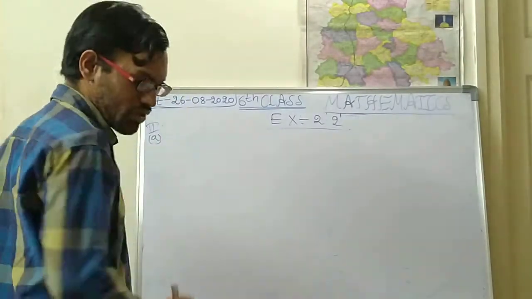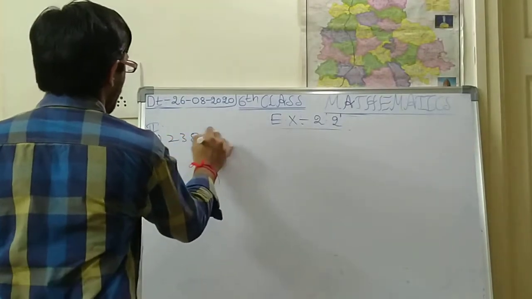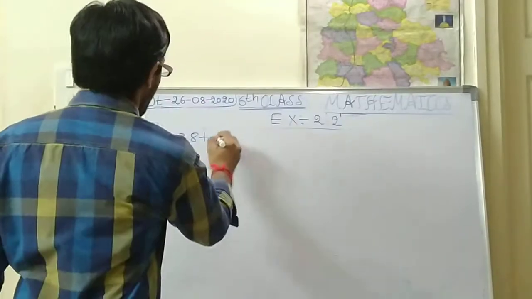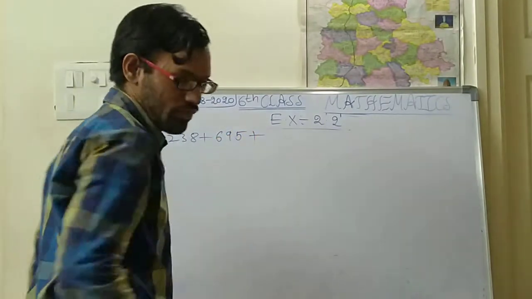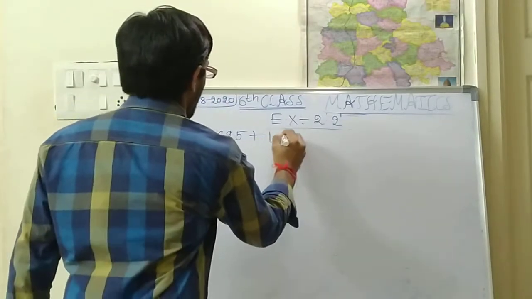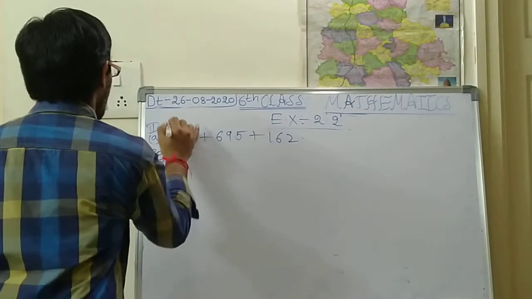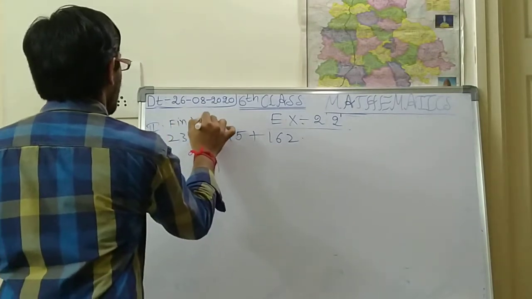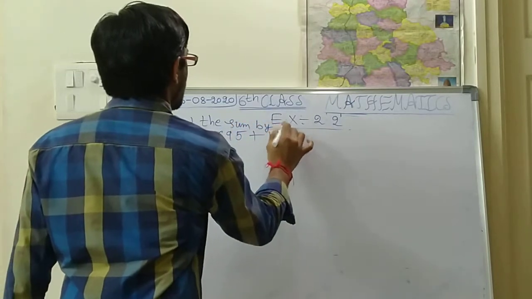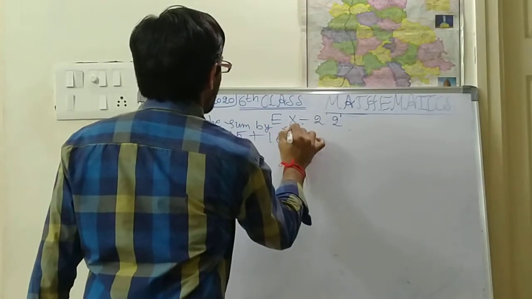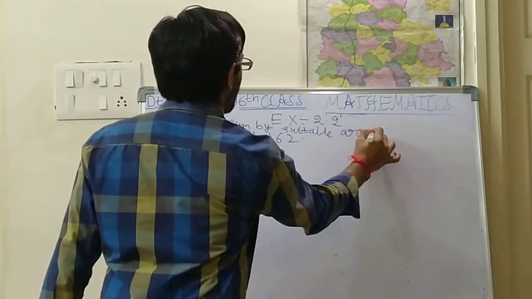The first one is 238 plus 695 plus 162. So find the sum. Okay, I am writing the question. Find the sum by suitable arrangement.